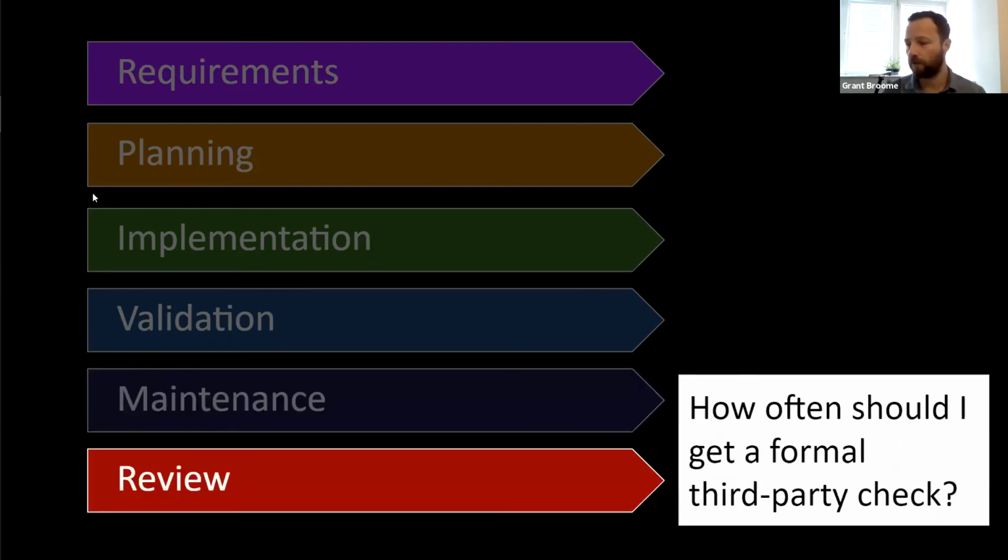And then review, how often could I get a formal third-party check? I would say every year at a minimum, because one of the things that happens with accessibility is regression, and we see it on much shorter time scales than a year. We see it happening within weeks. We have in 2-week sprints, we go back and test a product after its last sprint, and we find that there are defects that weren't there before.